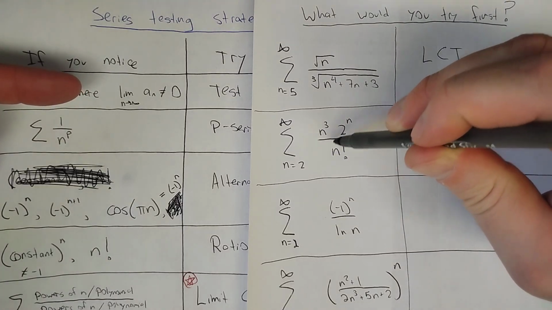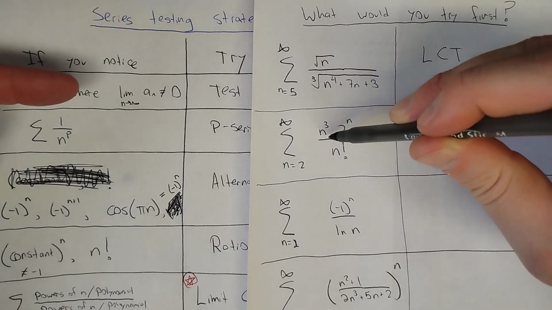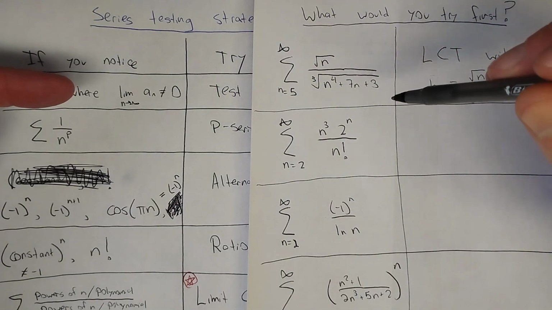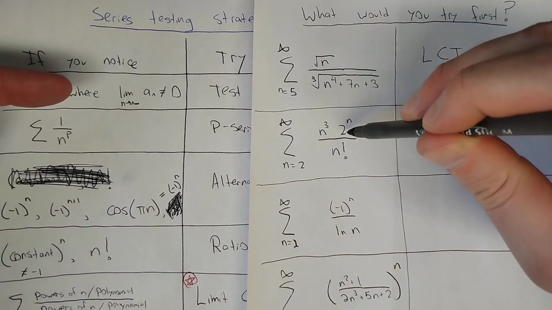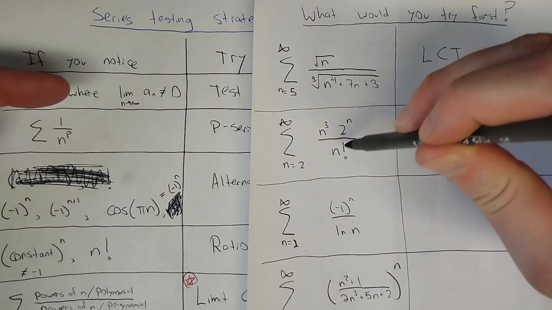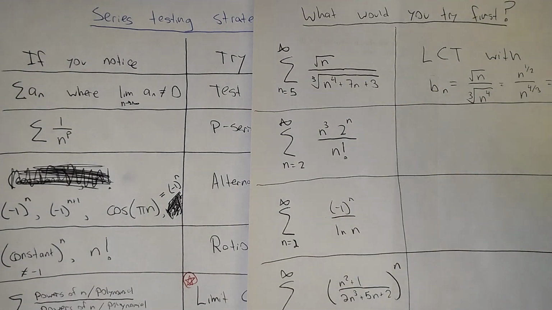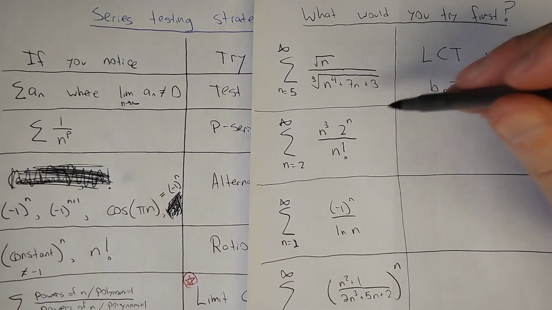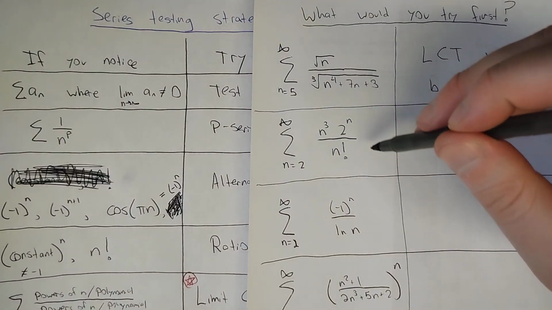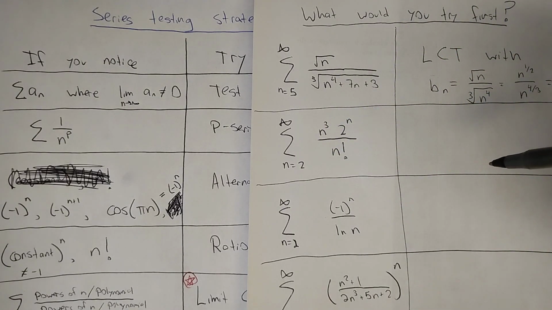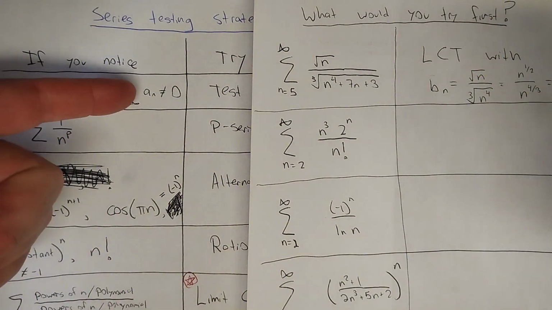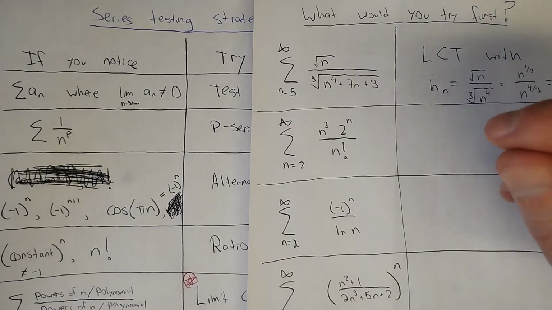So the bottom is going to infinity faster than the top. And by the way, polynomials are nothing compared to any of these. This polynomial is much slower growing than exponential and even slower than factorial. So roughly speaking, the terms do go to 0. Let's not bother showing that formally, because even if we showed that, it wouldn't tell us anything. If the terms go to 0, then you have to keep trying.